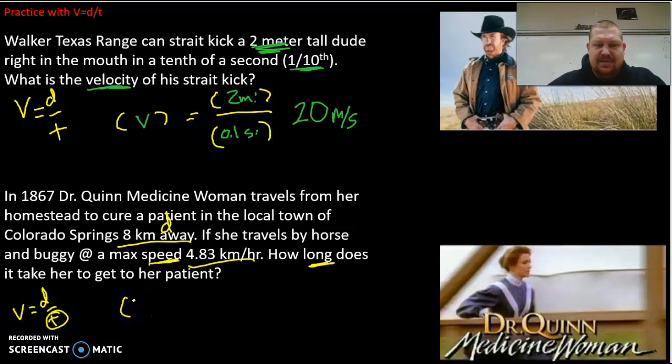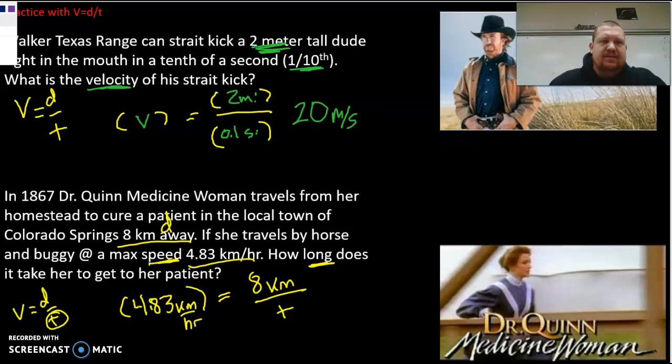So we're going to set it up. 4.83. And our distance is 8 kilometers over time. I won't run out of space here. All right, so up next, we're going to multiply by t, right? Multiply by t. So that did not really satisfy what we got.